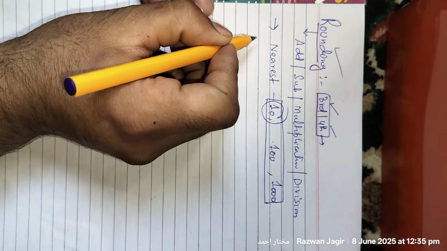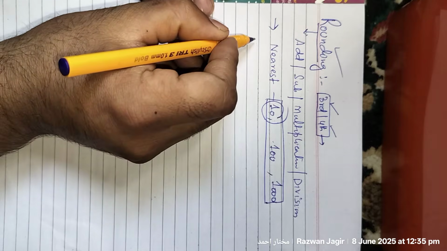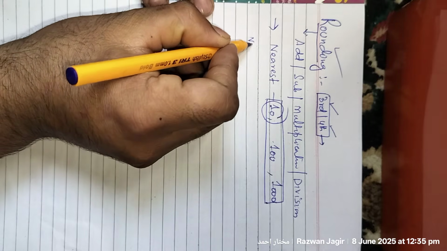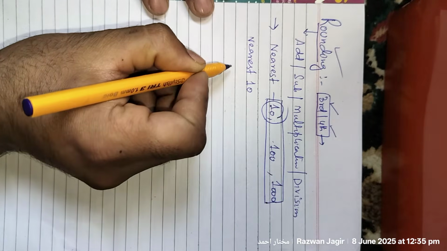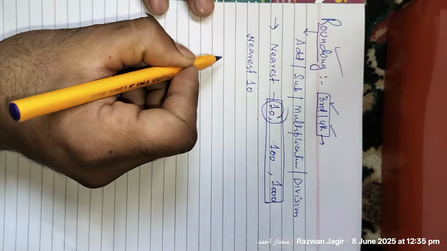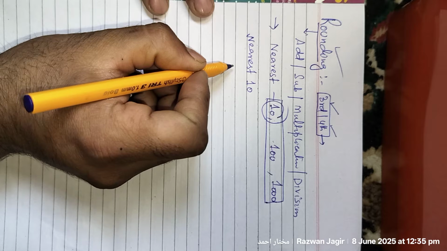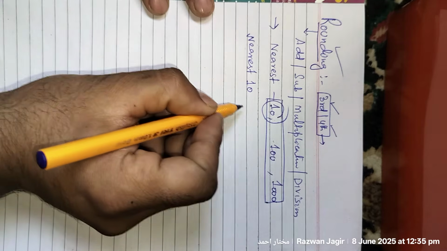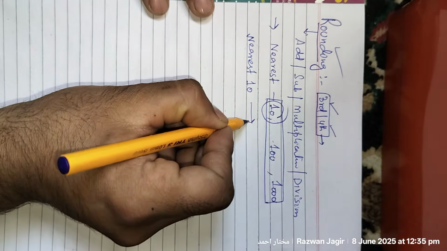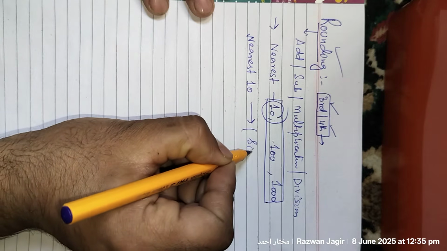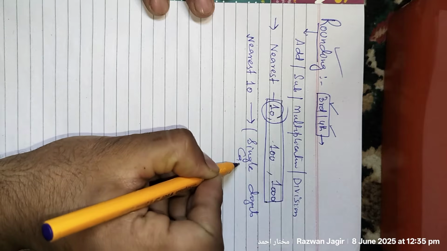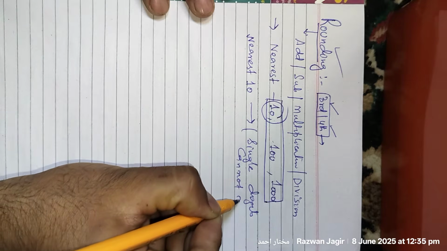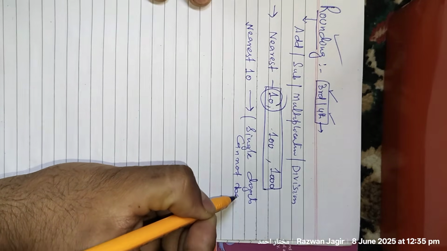So see here, if you have to do rounding nearest to 10, for example, if I have a two-digit number, because here is one important notation: single digits cannot be rounded.